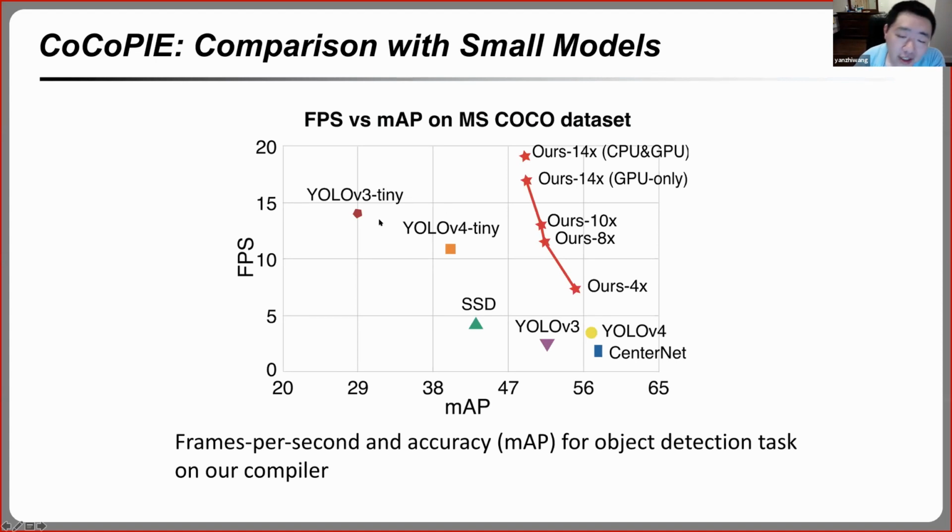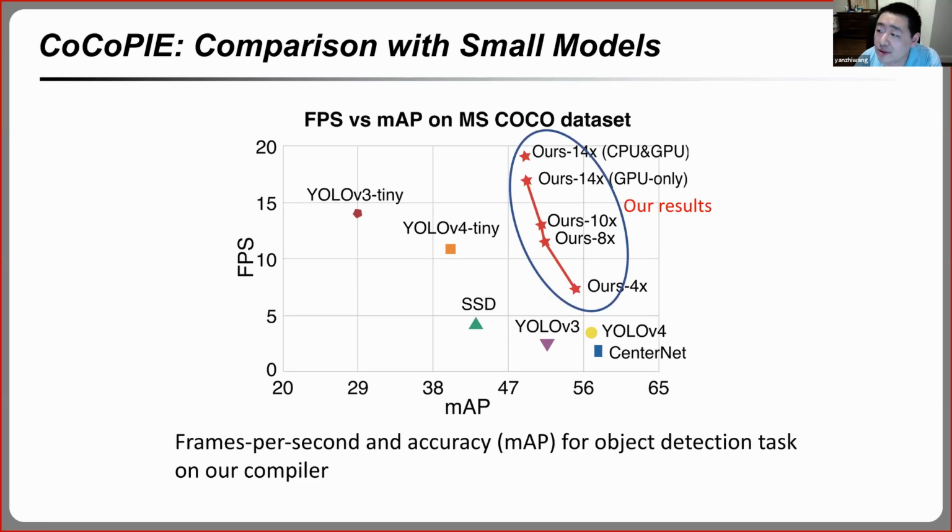If you want to train a small model like SSD, tiny, or MobileNet SSD, whatever the technique, there is a significant loss in the mAP. But our technique can achieve a much smoother loss in accuracy, and we can simultaneously get a significantly higher accuracy and also run faster using the same framework.